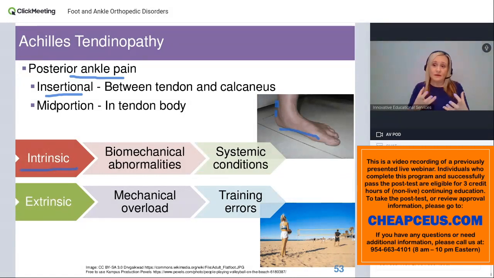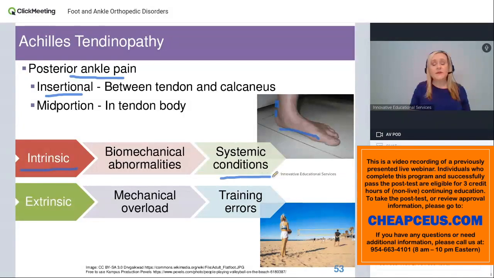So any biomechanical shift can cause undue load on it. It might be a leg length discrepancy where the legs are different lengths now. So one pronates, and now that shifts the mechanics. There's lack of dorsiflexion range. So translation is different during those terminal phases of the gait cycle, excess demand.